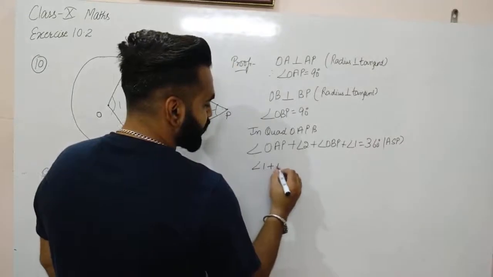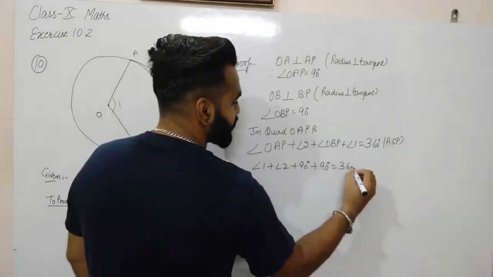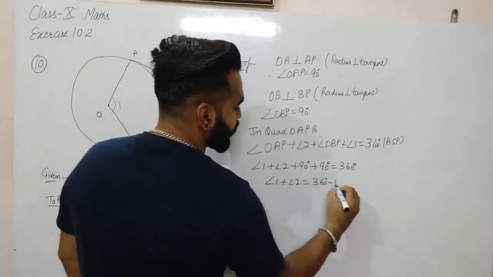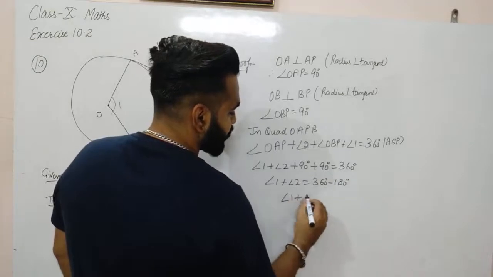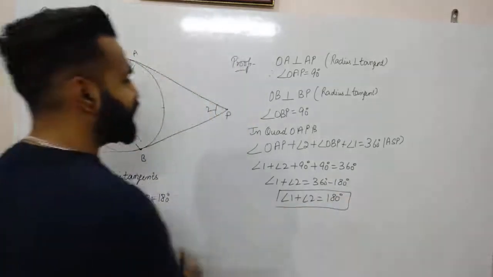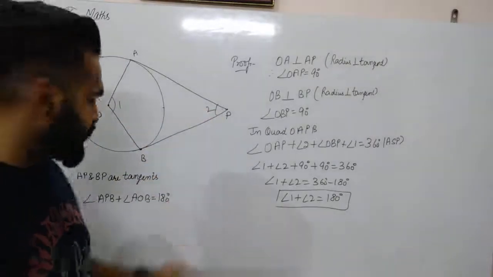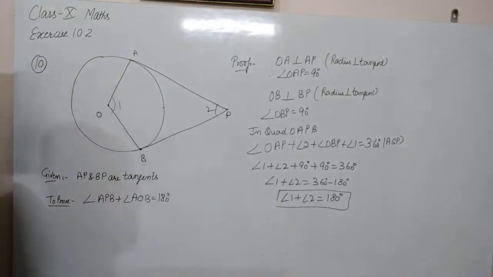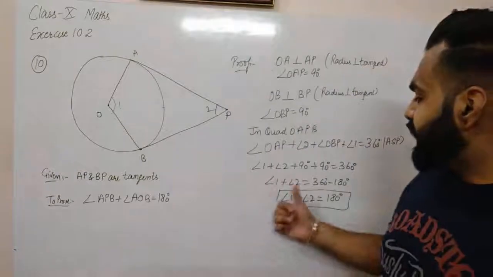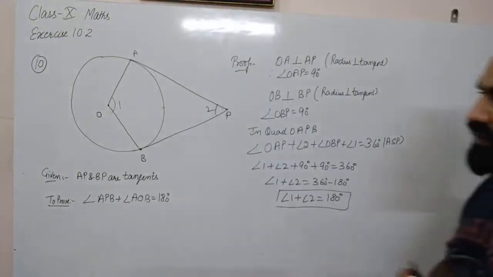So angle 1 plus angle 2 plus 90 plus 90 will be 360. So angle 1 plus angle 2 will be 360 minus 180. Angle 1 plus angle 2 is 180. Angle 1 is the angle subtended at the center, angle 2 is the angle between the two tangents. We had to prove that these two angles are supplementary. Supplementary means the sum is 180. So angle 1 plus angle 2 is 180 degrees. So this was question number 10.